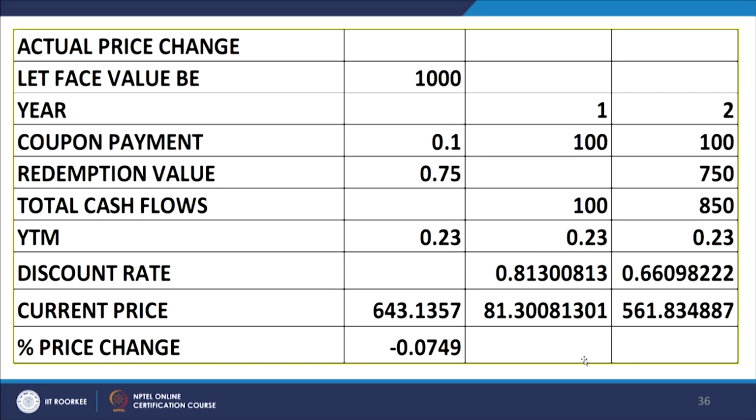So, again we see that notwithstanding the fact that this is such a massive YTM change of 5%, we still get very close approximation, or very close congruence, between the figure that we get on the basis of the actual calculations and the calculation based on duration and convexity.